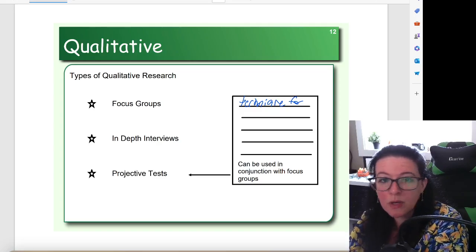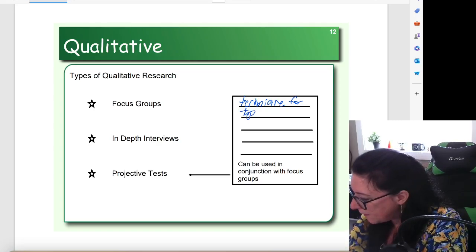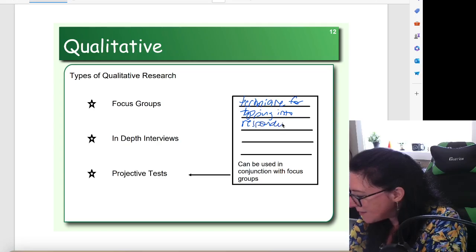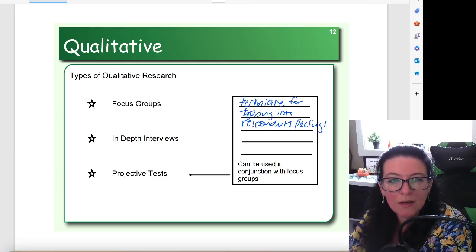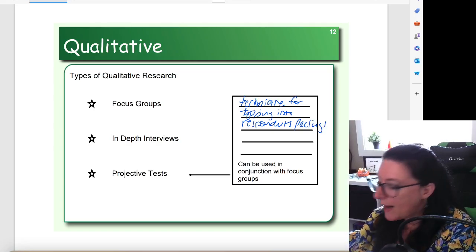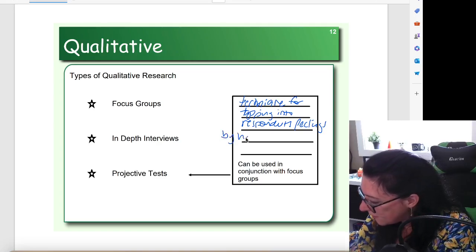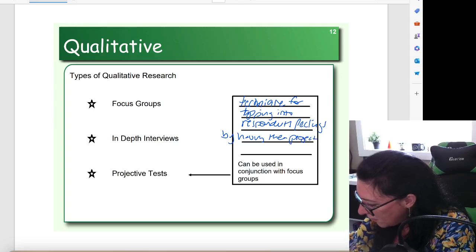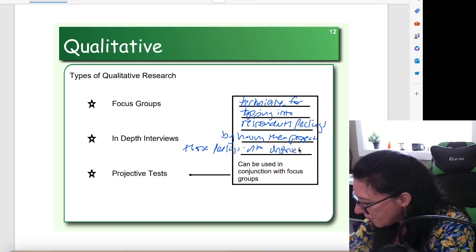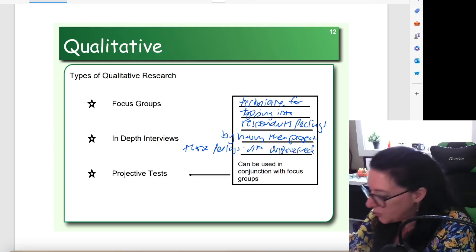for tapping into respondents' feelings by having them project those feelings into unstructured situations.